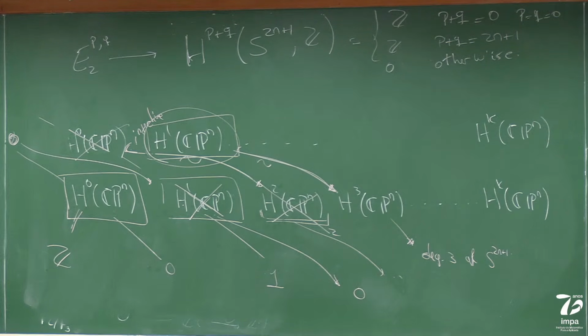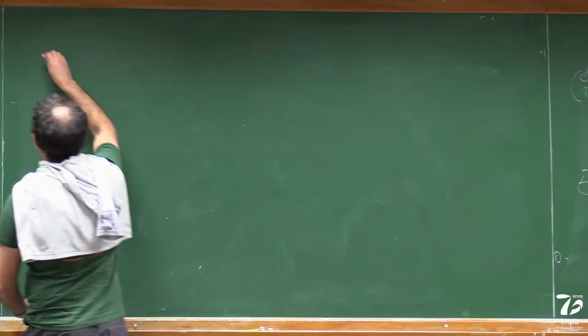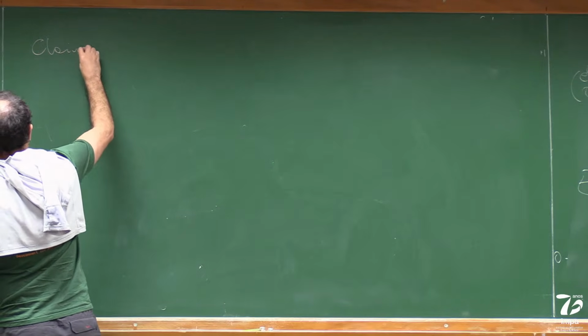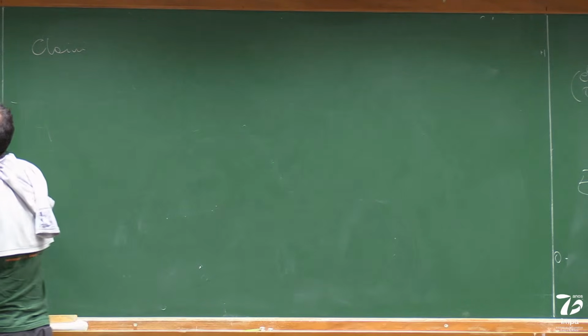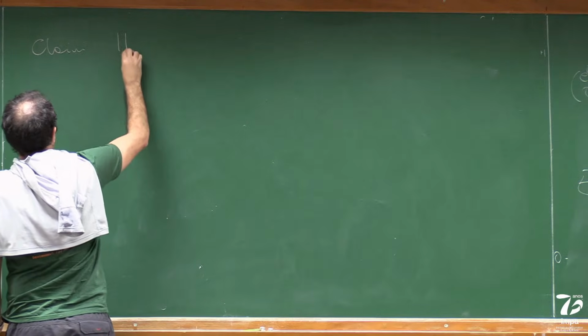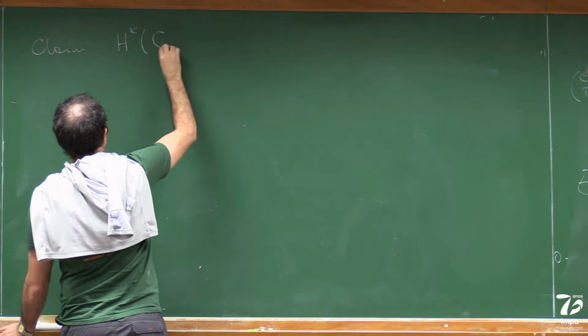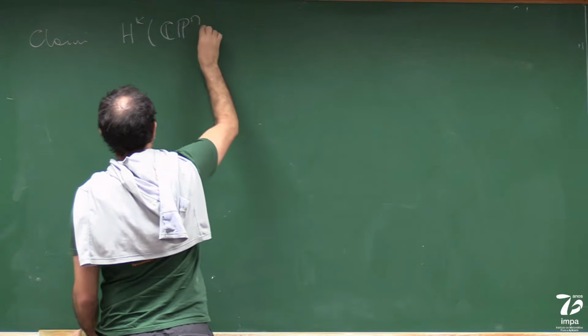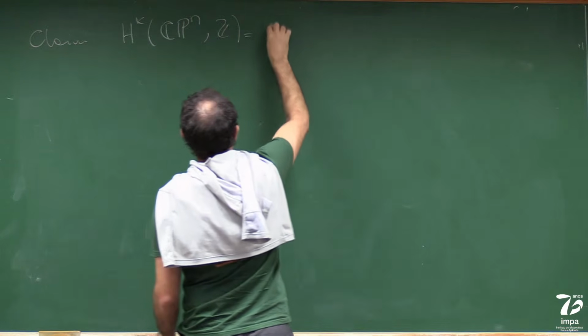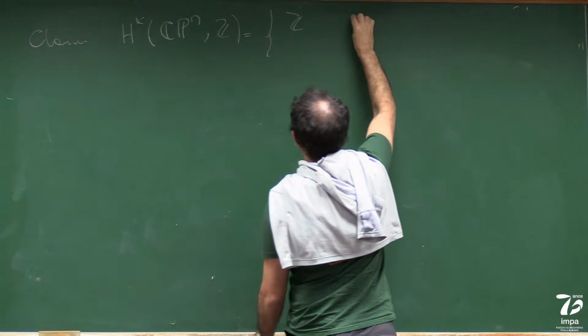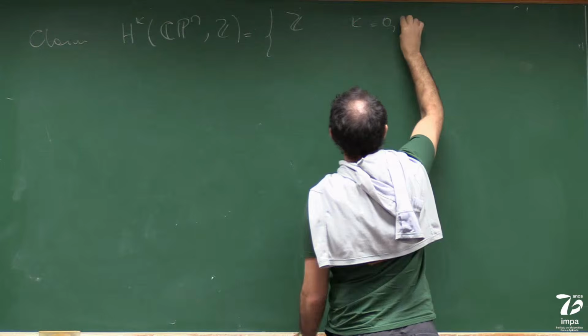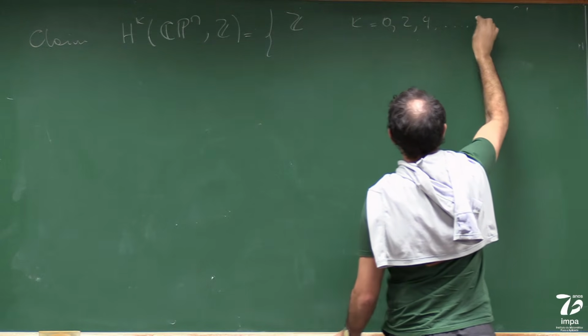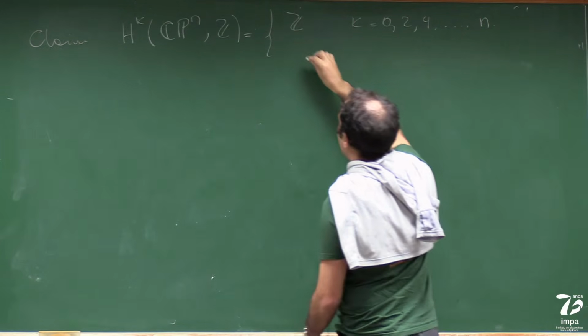I'm sorry. No, not that. So, claim: the homology of CP^n is Z if k is equal to 0, 2, 4, and so forth, up to 2n, and 0 otherwise.